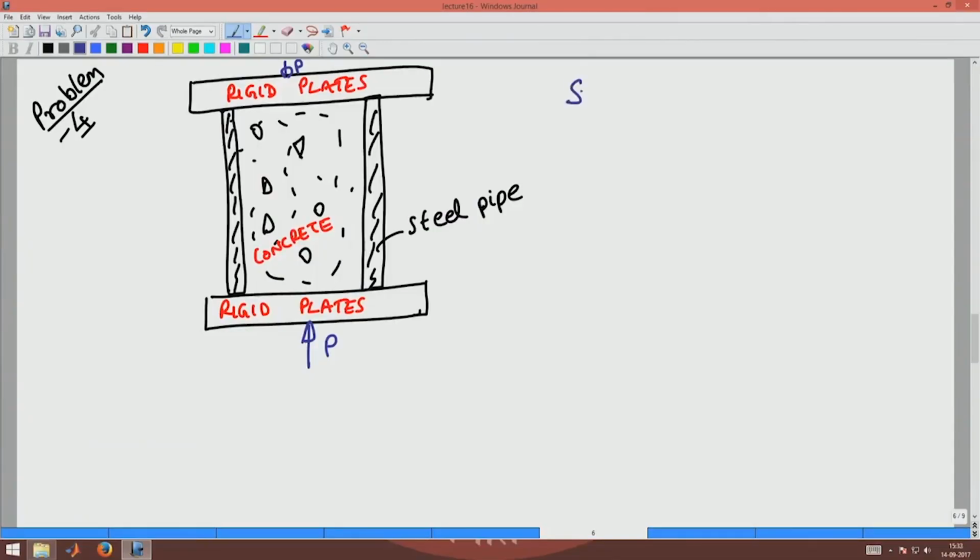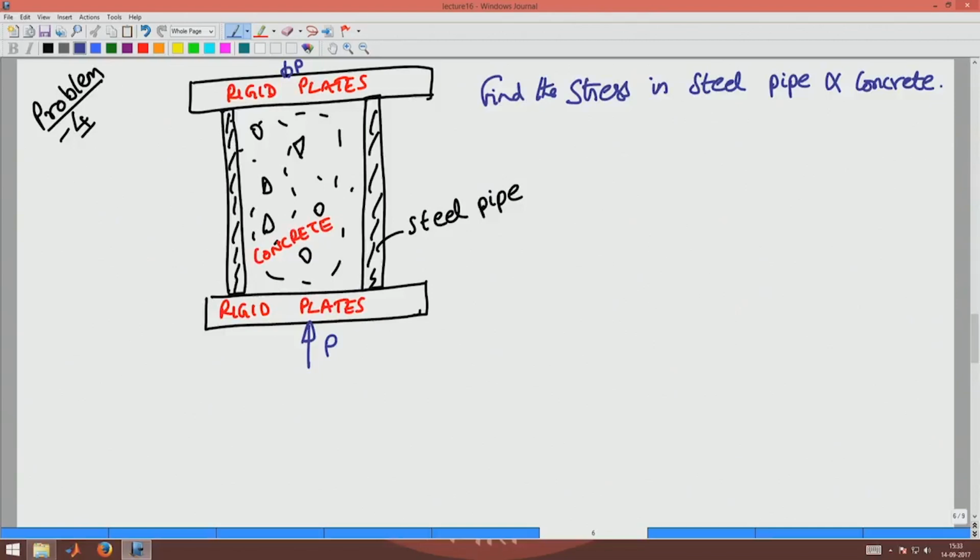Now, I want to find the stress in the steel pipe and concrete. Now, how do you go about solving this problem?